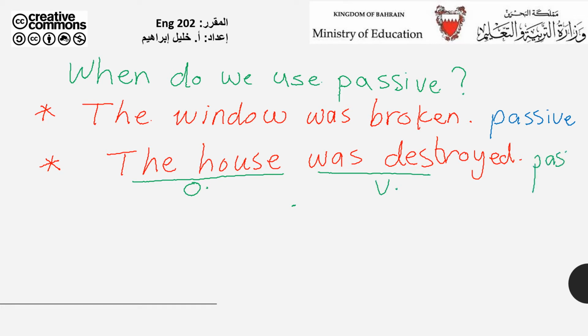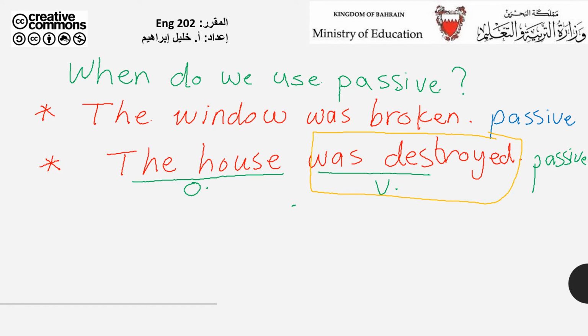But why did I use the passive? Easily, because the most important thing is the action itself. Destroying the house is more important than what caused this destruction, whether it is a bomb or an earthquake, it doesn't matter.